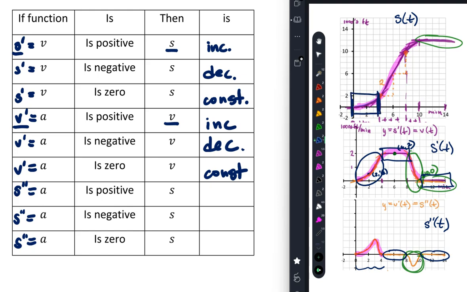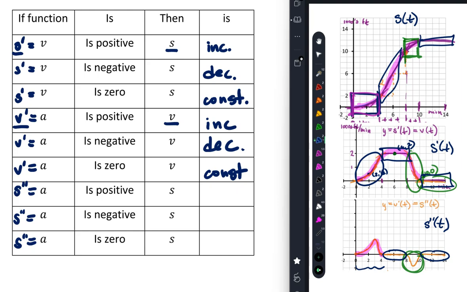When A is negative, that was the green down below, that lines up with this chunk of the graph. And when A is 0, that was blue. That's this stretch and this stretch.